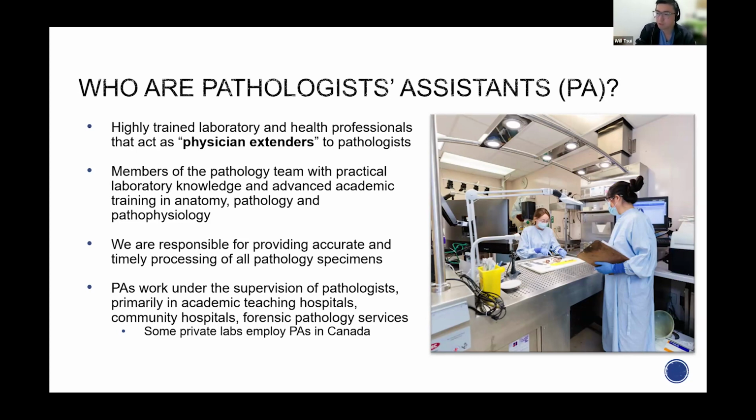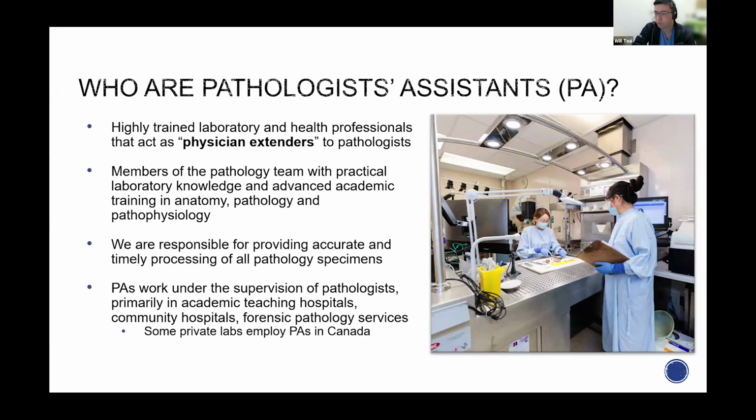So we fit that gap between what a pathologist is and what a medical laboratory technologist is as well. Our main responsibilities clinically include providing accurate and timely processing of all pathology specimens. What I mean by pathology specimens is any wet tissue specimens collected from patients, which will always end up in the pathology lab. And PAs work under the supervision of certified pathologists.